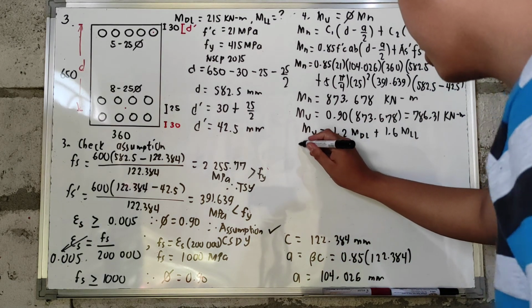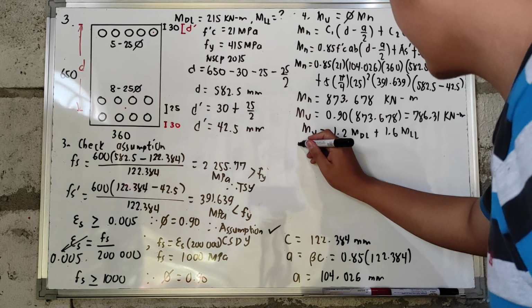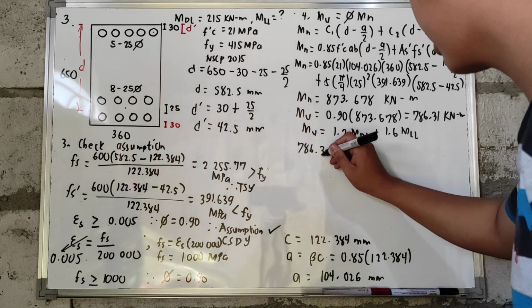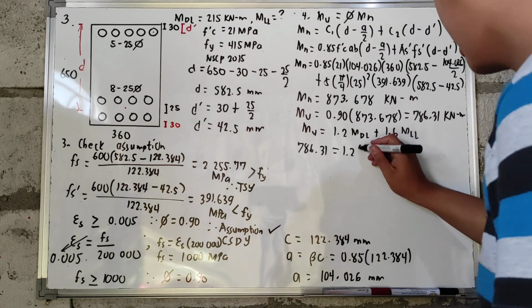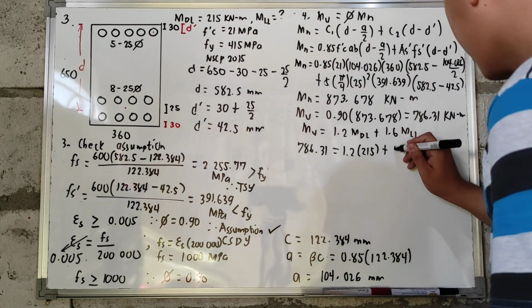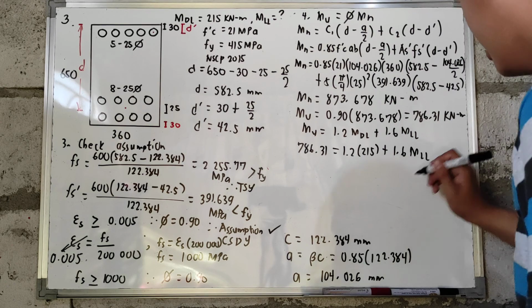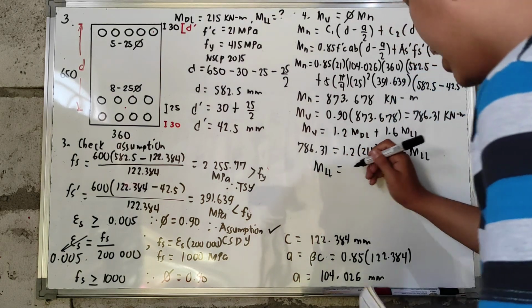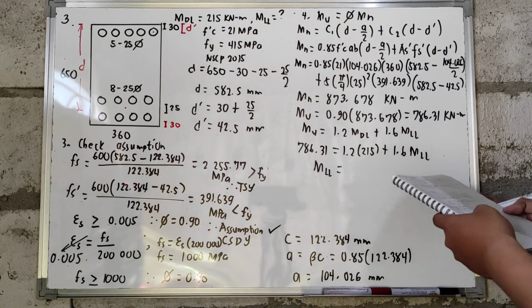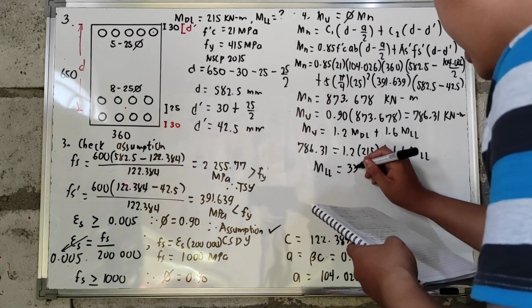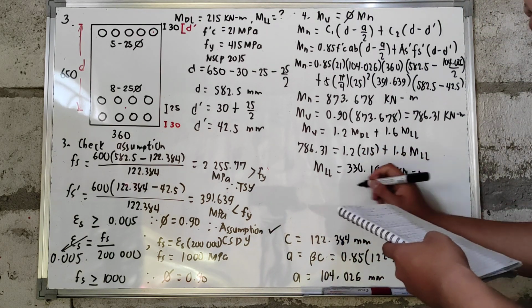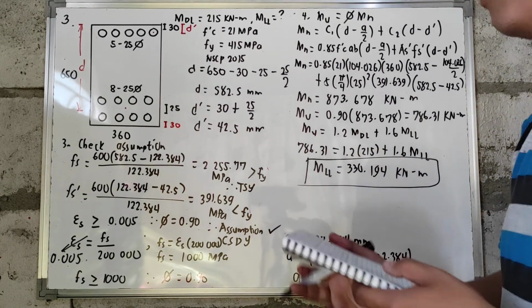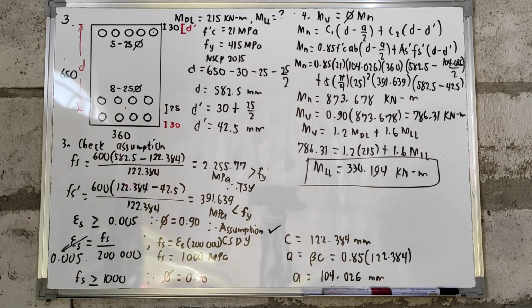So meron tayong Mu natin na 786.31 is equals to 1.2 yung MDL natin na 215 plus 1.6 na MLL. So the value of your MLL by shift solve is now equal to 330.194 kilonewton meter. So this will now become your answer for problem number 3.